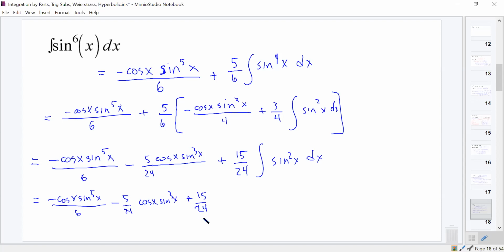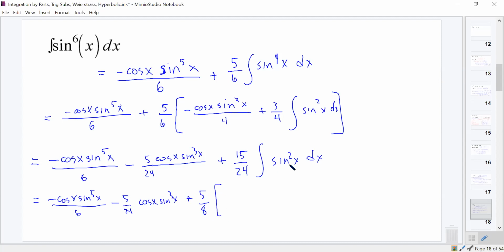I guess I could have reduced that fraction, but let's reduce it now so we don't have to worry about it later. What does that reduce to? 15/24. Divide a 3 out of both of them, right? 5/8. And 5/8 will then be times what?